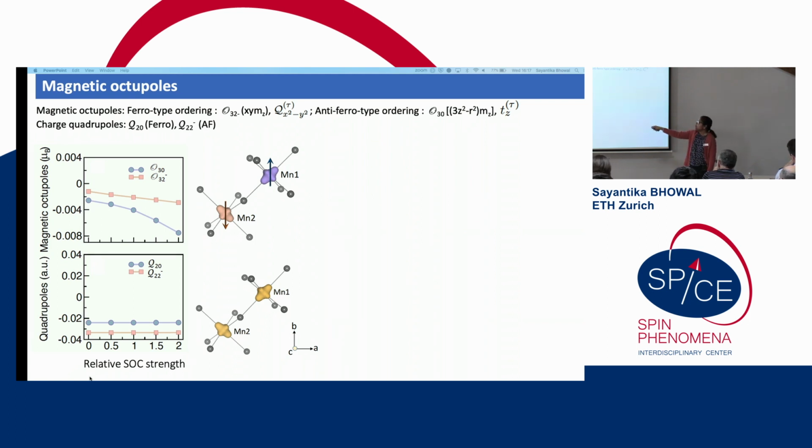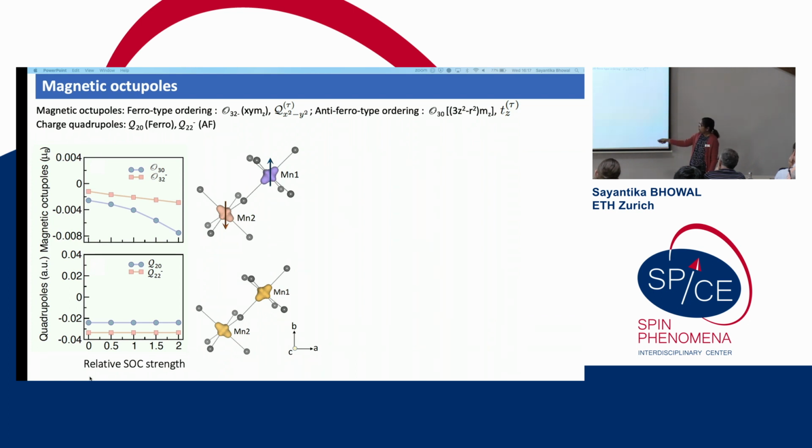Now, in addition to these magnetic octupoles, the MnF6 octahedra also are distorted, and they allow for a ferrotype Q20 quadrupole moment as well as an antiferrotype XY quadrupolar distortion represented by this Q22 minus quadrupole moment.